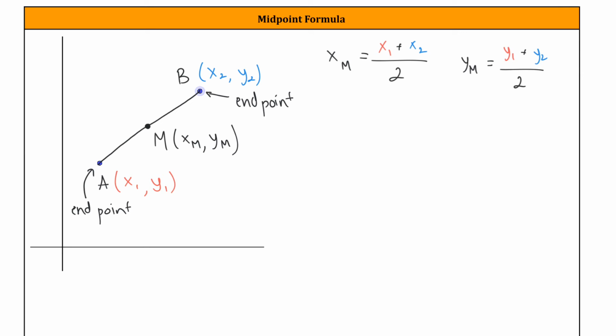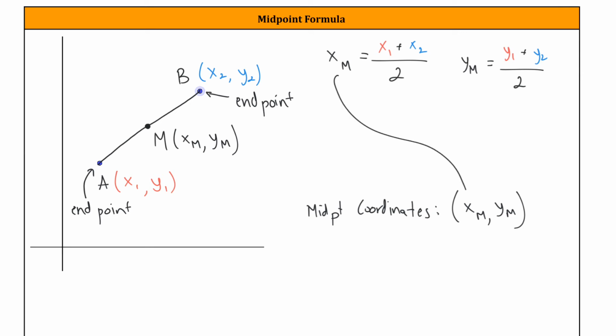But at the end of the day, our final answer needs to be written as a coordinate. So the coordinates for the midpoint, we write with the parentheses and the comma, and this is where the numbers and values will go.